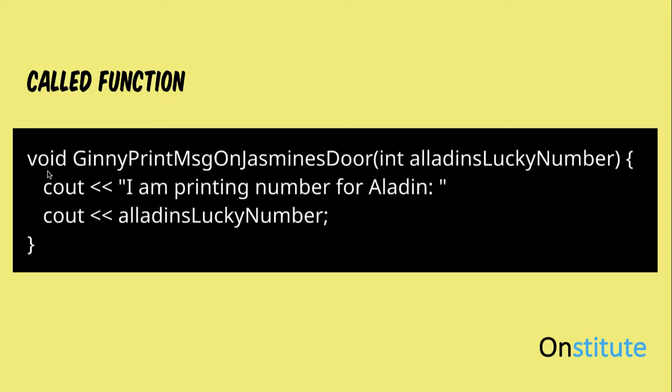The first one is the function heading. The function heading is almost similar to the function prototype. However, there is no semicolon in this line. Rather, it has an opening and closing curly brace. Inside this opening and closing curly brace, the actual algorithm or the actual operation is done. And this part is called the function body.